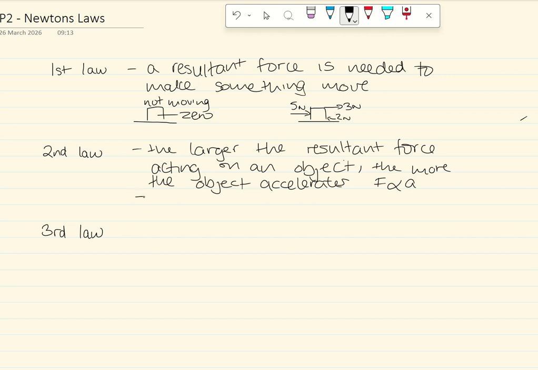And we also have, as part of the second law, the interaction between the force and the mass and acceleration. So the second law also tells us a larger mass will accelerate less if the same force is applied.